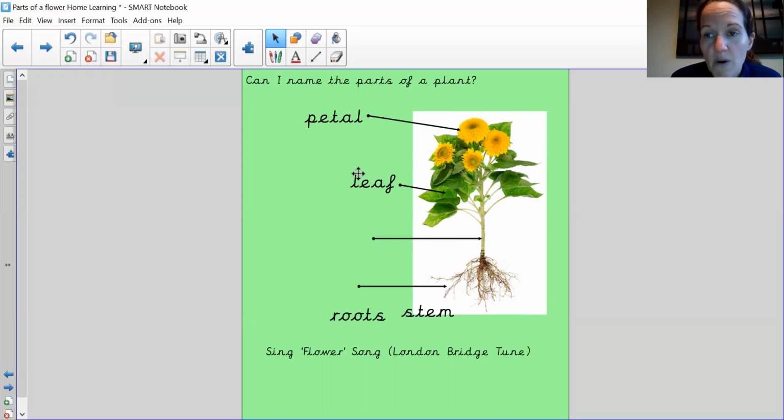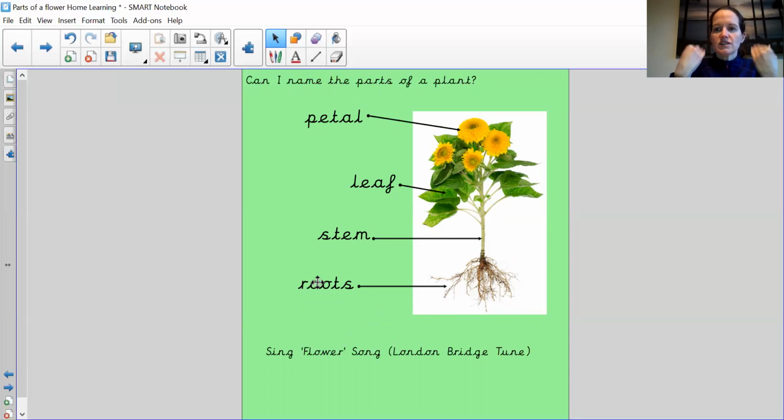Or if you have more than one, they would be leaves, leaves. Right, and what do we call this long bit in the middle? Super. I think I heard some of you say stem, stem. Fantastic. And at the bottom, we have the roots, roots.